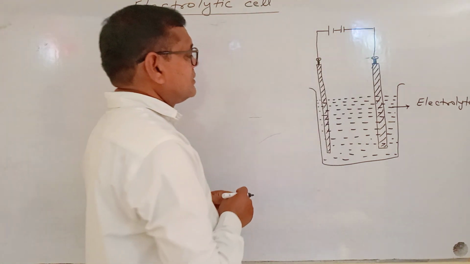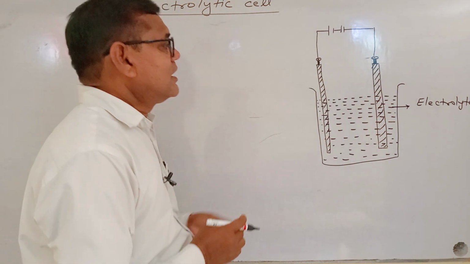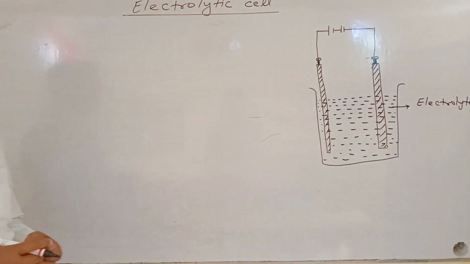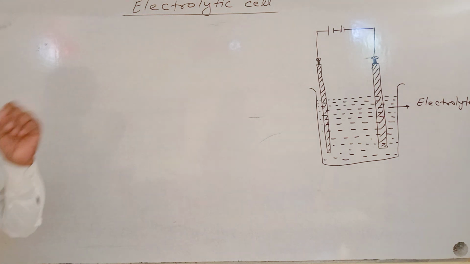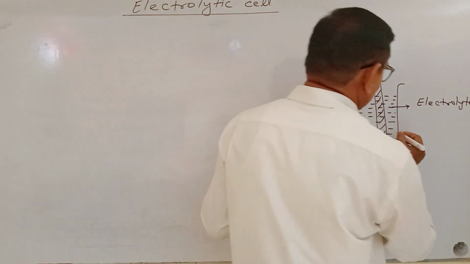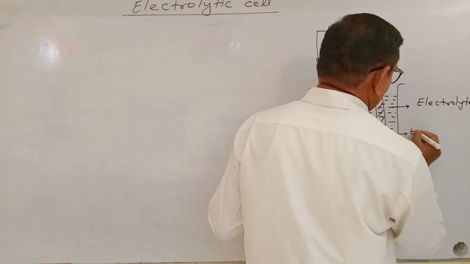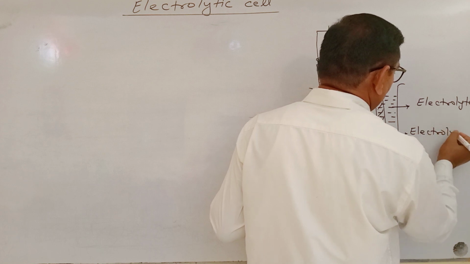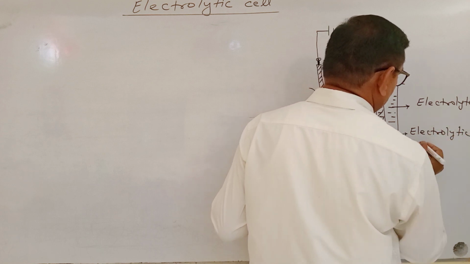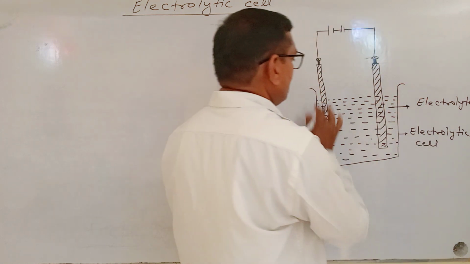We draw a figure. This indicates an electrolytic cell. The solution in the vessel indicates the electrolyte solution. This vessel is called an electrolytic cell.